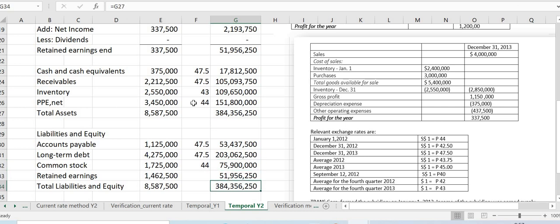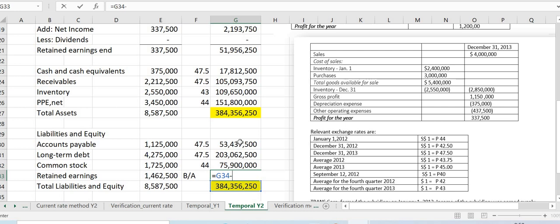So your retained earnings? Again, since your total assets is 384,356,250, and that should equal your total liabilities and equity of 384,356,250, what we'll do is make retained earnings the balancing figure.